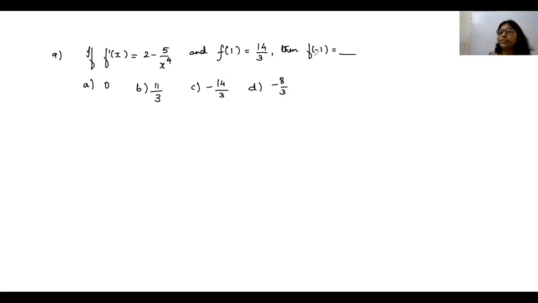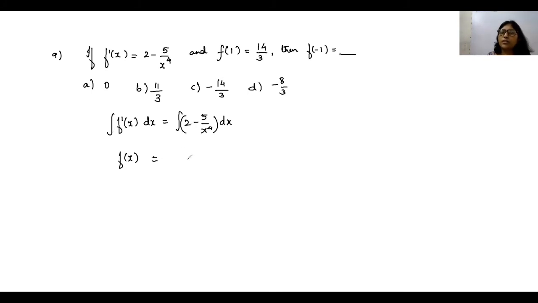In order to find f of minus 1 here, we'll first have to integrate this function. So integration of f dash and integration of the right hand side. Integration of f dash will become f.